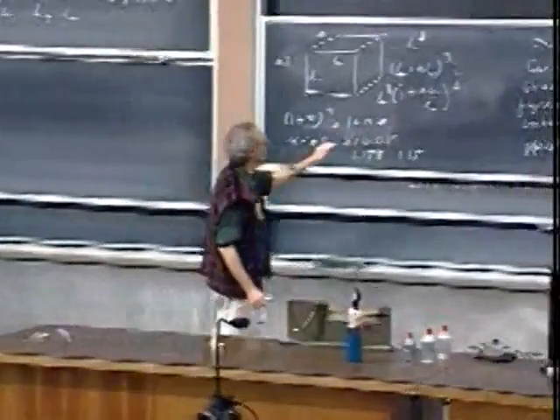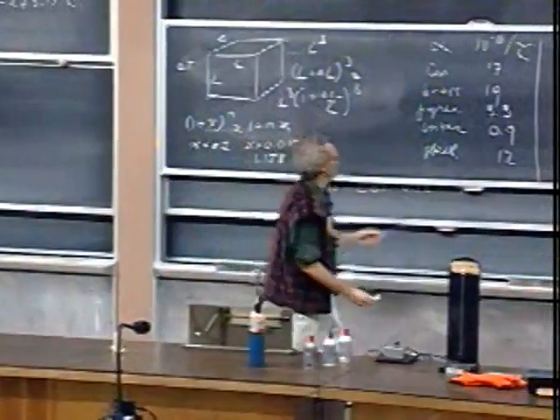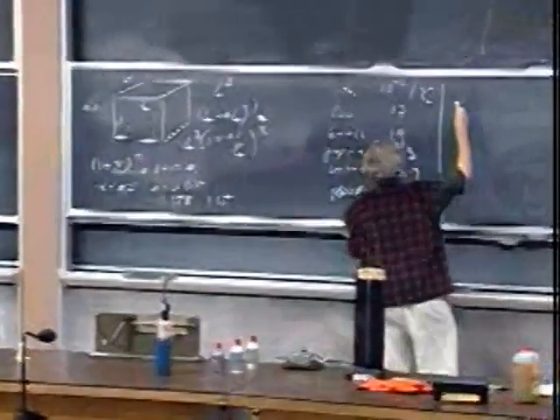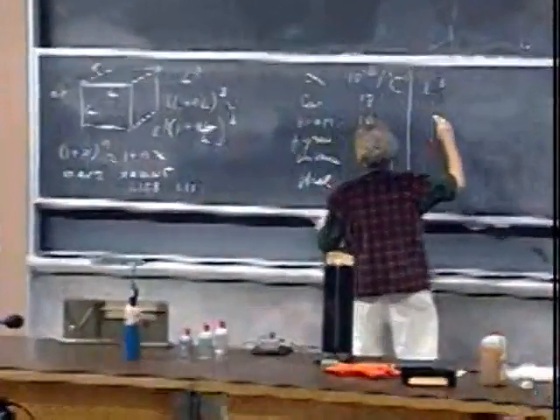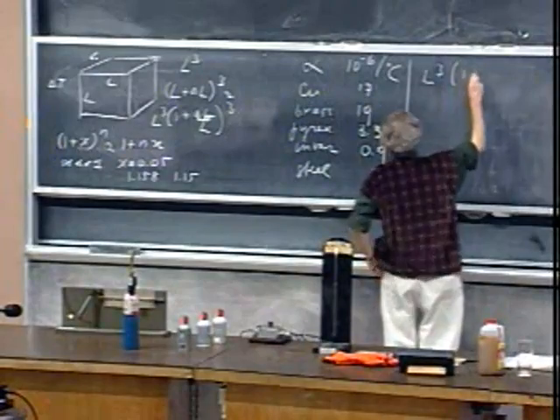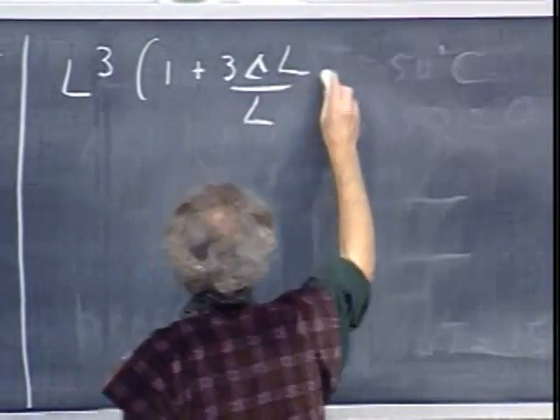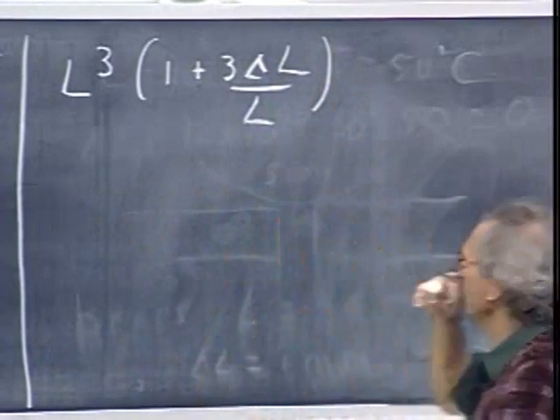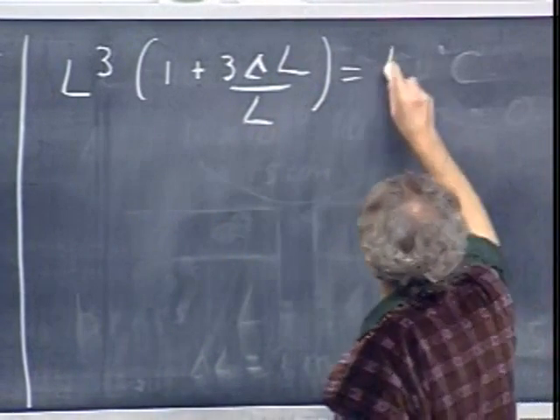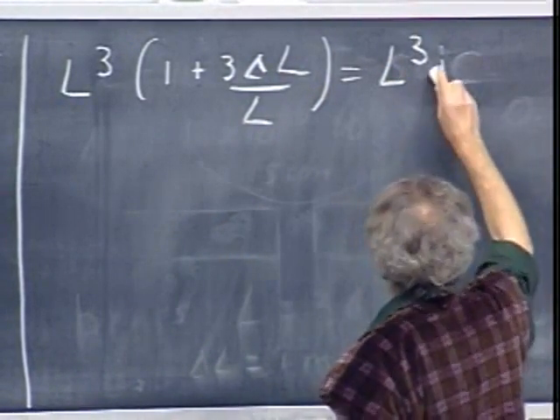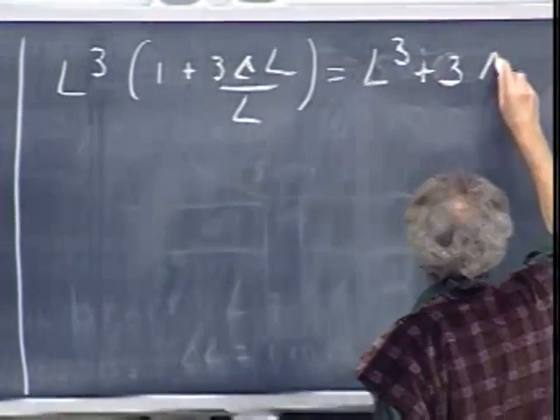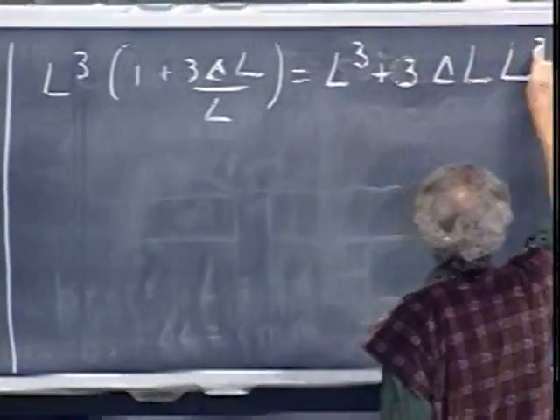So I will use the same approximation here, and so we're going to get L to the third times 1 plus 3 delta L divided by L. So that is L to the third plus 3 delta L, L squared.